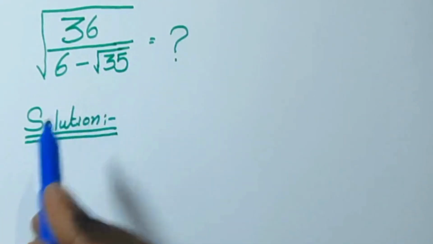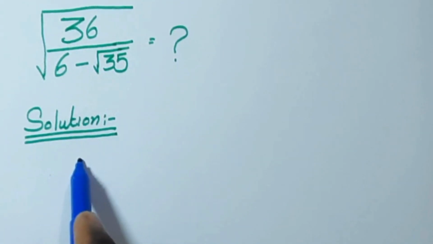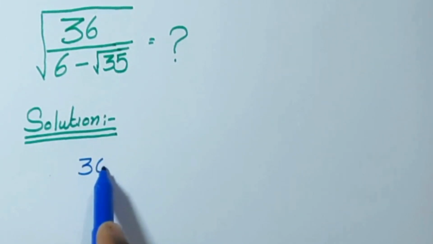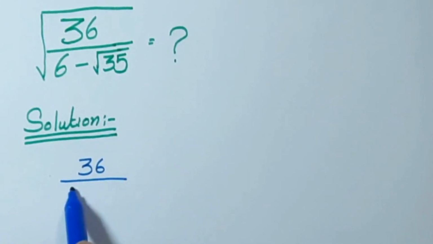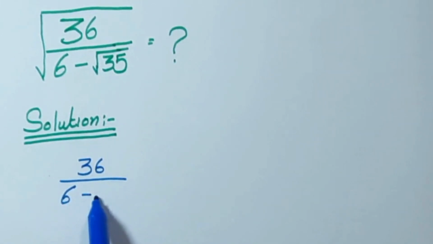Today we are going to solve this problem: square root of 36 by (6 minus square root of 35).